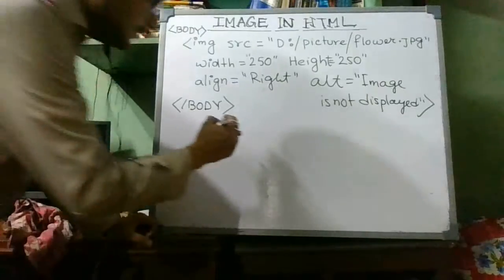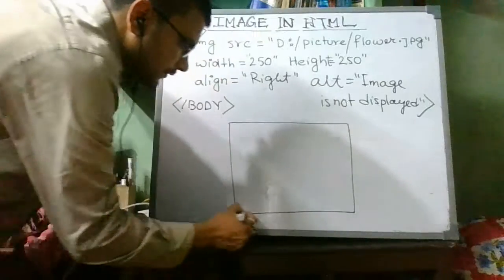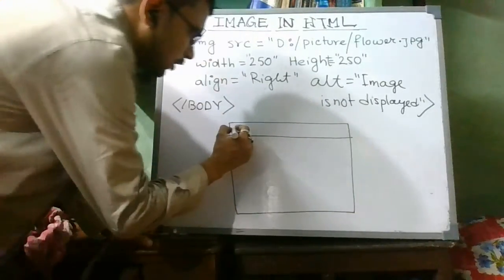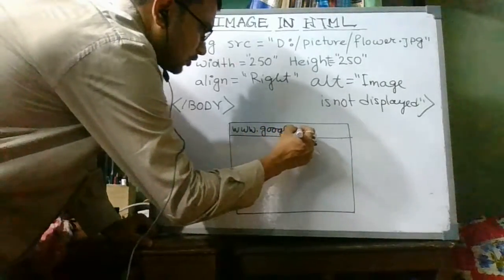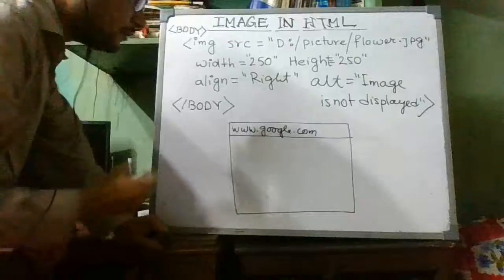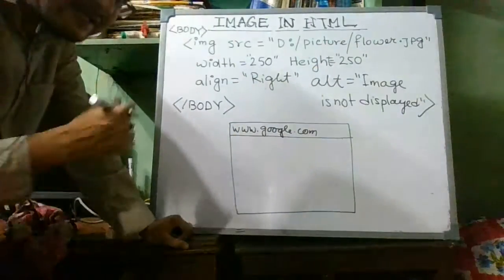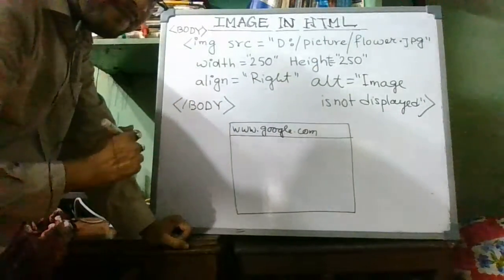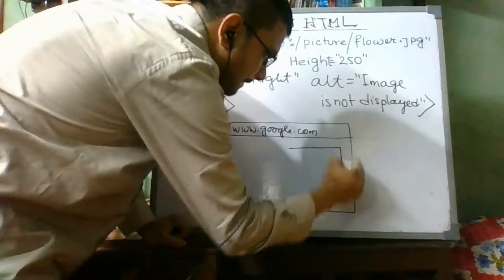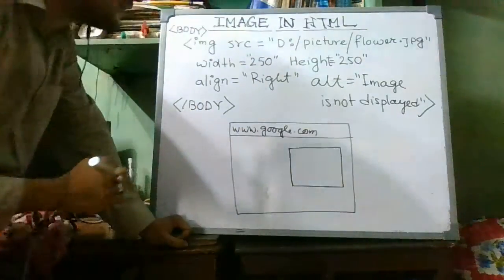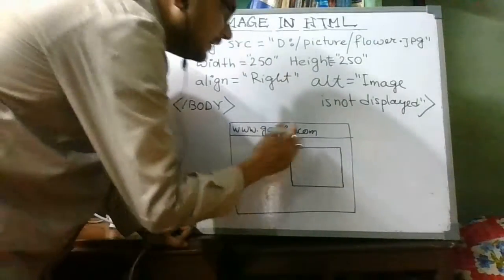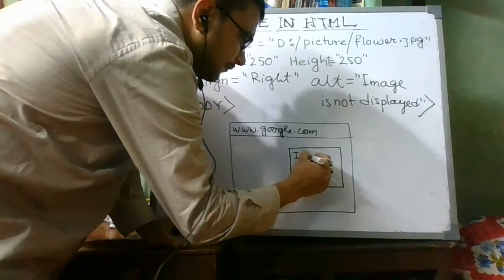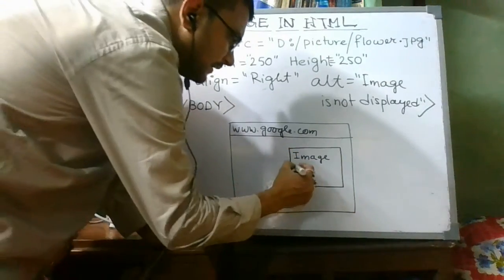So what will be happening? Suppose I'm drawing a web page and the name of the web page is www.google.com. This is the website name. Now this picture should be appearing, but it is not appearing, it is deleted. Then what will be happening? The picture object will come here, and here this text will be displayed.